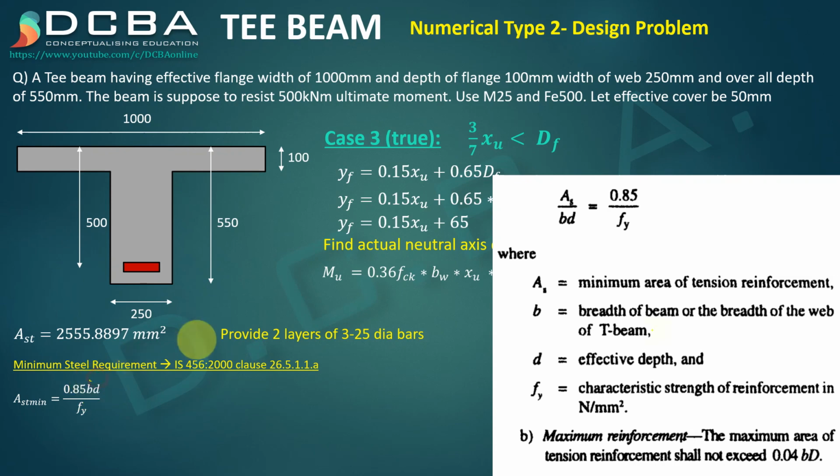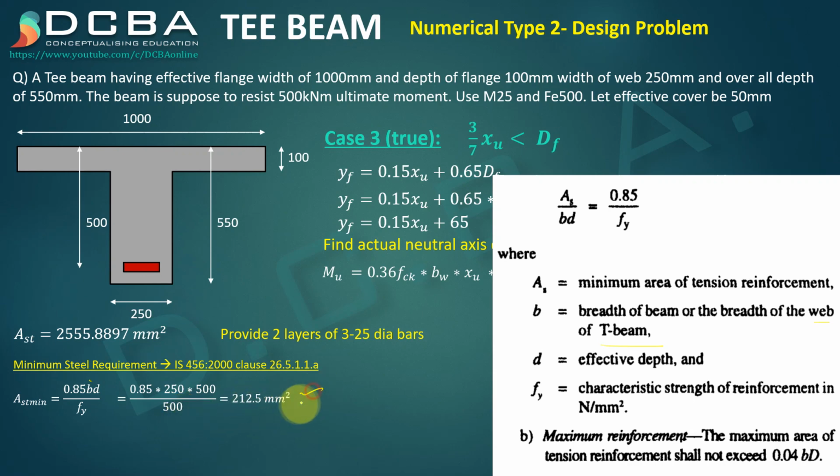So B, what they are saying is, it is breadth of beam or breadth of web of T-beam. So in case of flanged beams, you will not use the flange width, but you will have to use the web width in this formula. Okay, so it is 0.85 into 250 into 500 upon 500, which gives me 212.5 mm square.